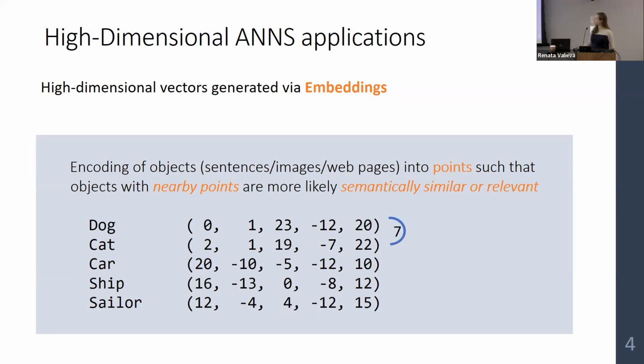The distance between dog and cat is 7. Makes sense, they're both animals, so they're similar. Dog and car are more dissimilar, with a distance of 37.48, quite a bit further apart. And car and ship are also similar since they're both vehicles, etc. So we're taking some object, image or sentence and turning it into a high dimensional vector such that other similar objects have low distance to it.